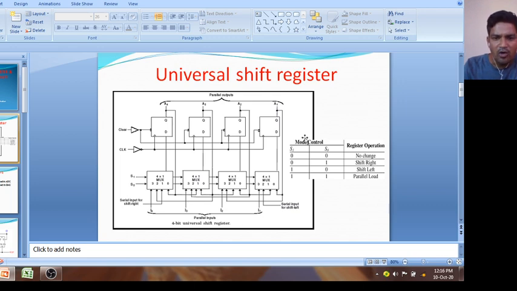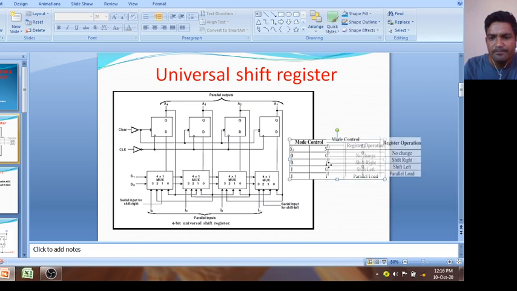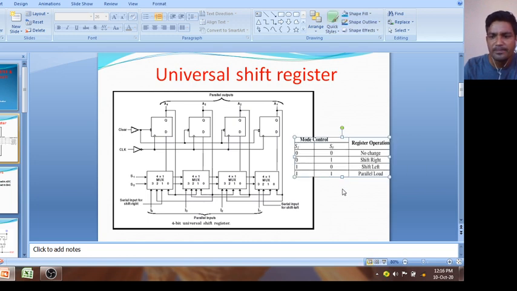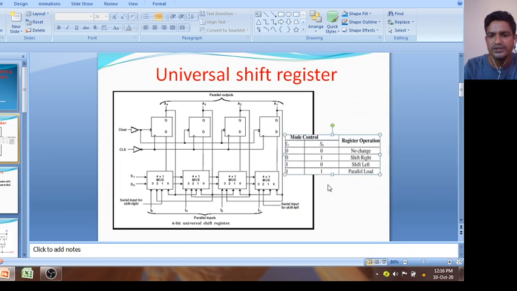Now first come to 0 1. 0 1 means 0 here, 1 here, which means data shifts towards the right direction. When the value of S1 is 0 and S0 is 1, it means I1 will be selected. So in case of right shift, we give input from here and take output from here.